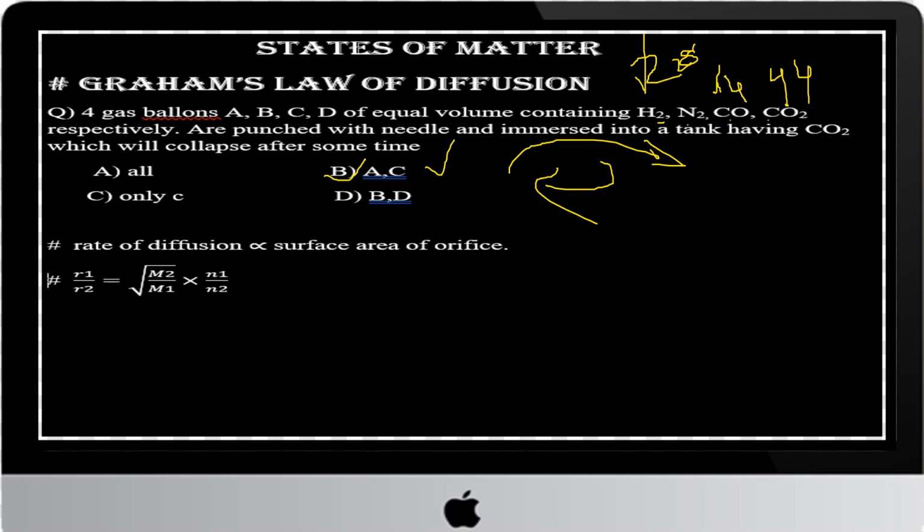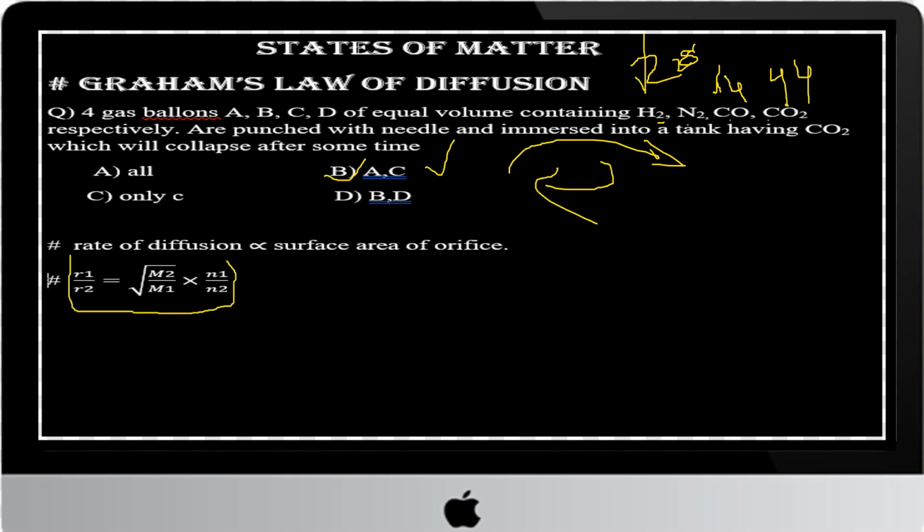Here is an important relation: rate of diffusion is directly proportional to surface area. This is important because as the surface area is more, the rate of diffusion will be high. This is another formula you should remember for solving some of the important numericals. Remembering these formulas saves our time a lot.